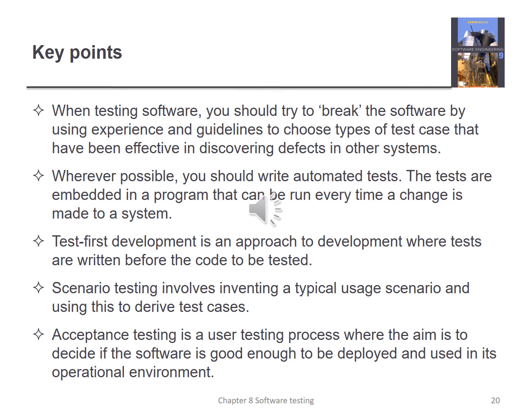Acceptance testing is a user testing process where the aim is to decide if the software is good enough to be deployed and used in its operational environment. And it is really the last stage, the acceptance testing, before we release the program or the system to the customer.